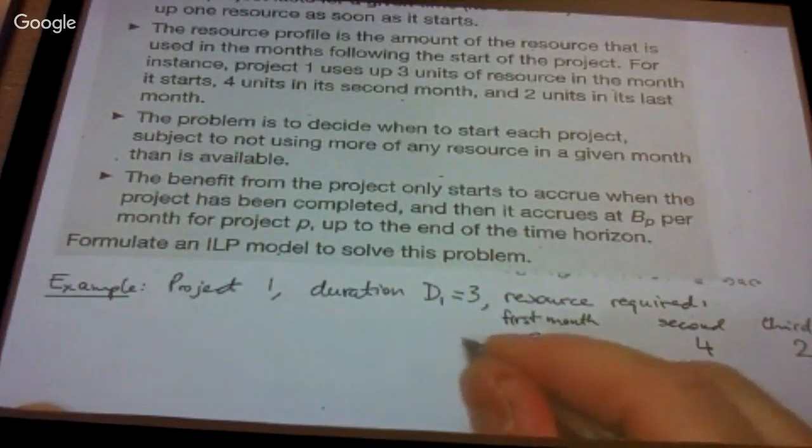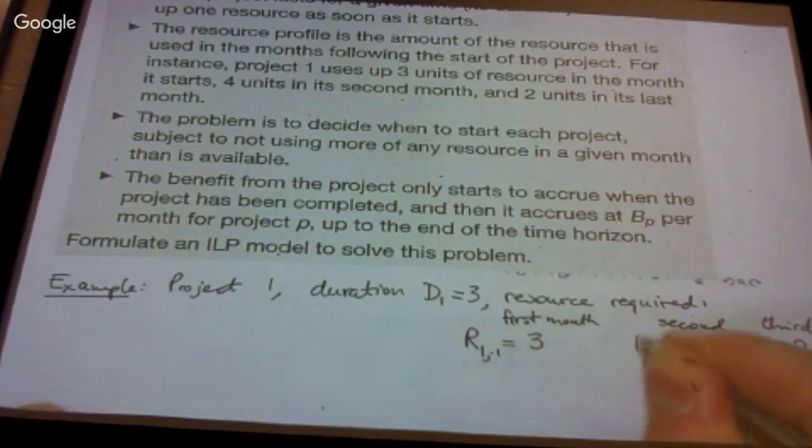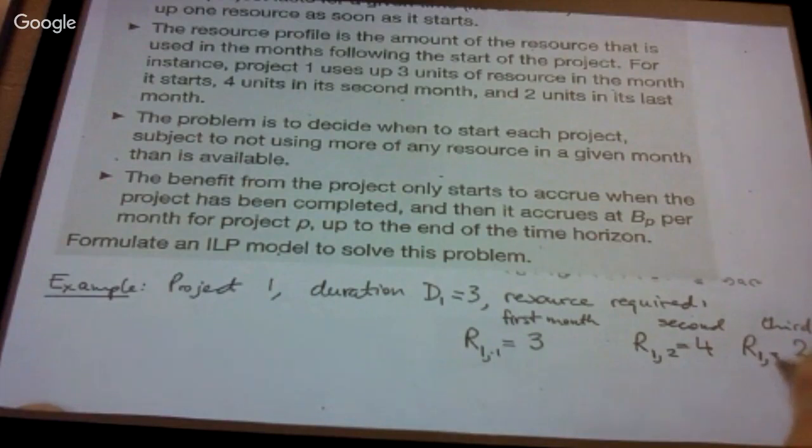So this is the requirement of the first project in the first month. This is the requirement of the first project in its second month. And this is the requirement of the first project in its third month. I'll call them R project month.